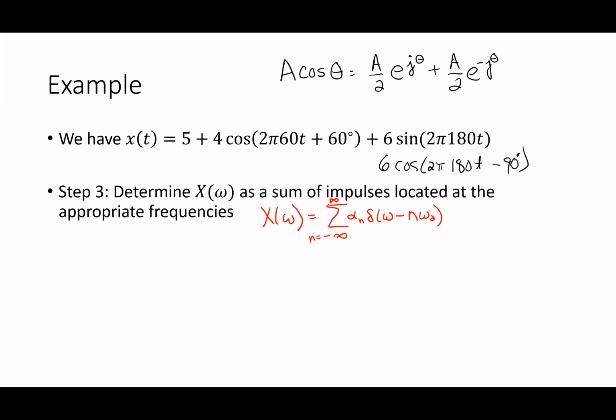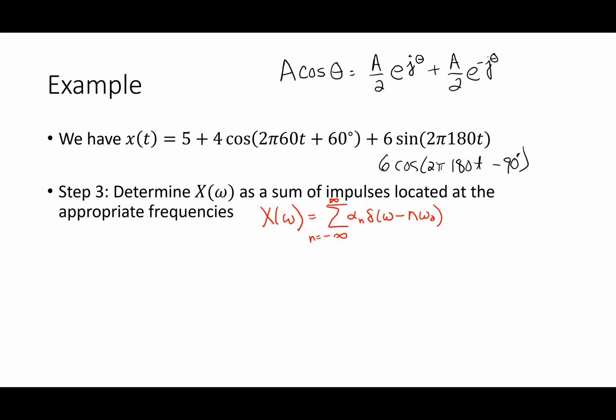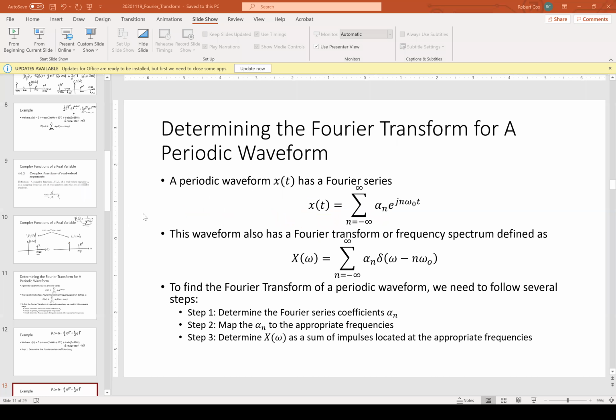Based on the frequencies that we've got here, what we need to do is figure out where we're going to put those impulses. So let me see if I can do this. I'm going to copy this table over.